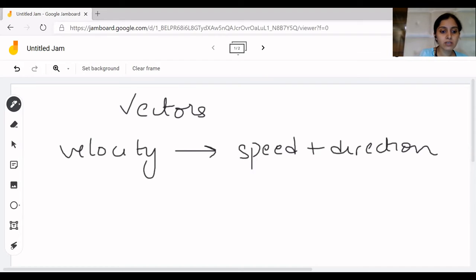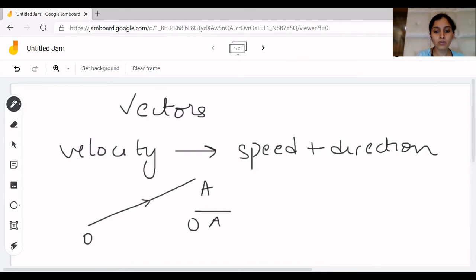Now, how do you represent a vector? Let us say we have OA. OA bar is vector OA, also given as A bar, where O is called the origin, or the initial point, and A is the terminal point.